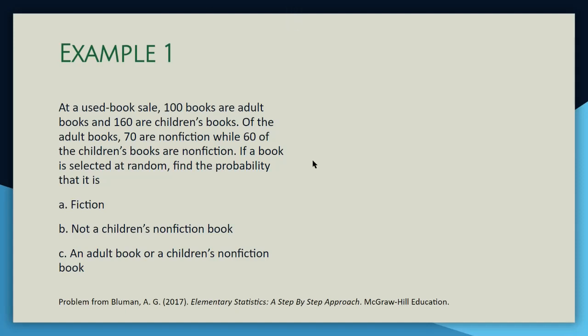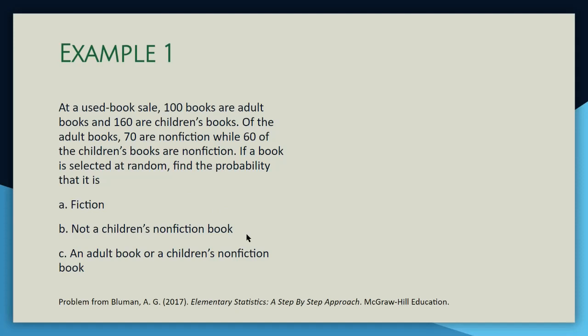So when I see problems like this, where I can see 2 clearly different variables that I'm looking at, adult books versus kids books, fiction versus nonfiction, the first thing that I want to do is build a contingency table. I want to take all of those numbers that have been thrown at me and organize them in a way that my brain can process.